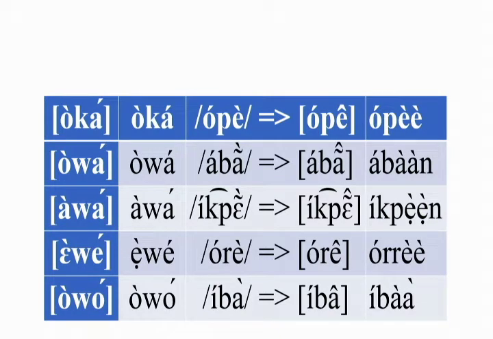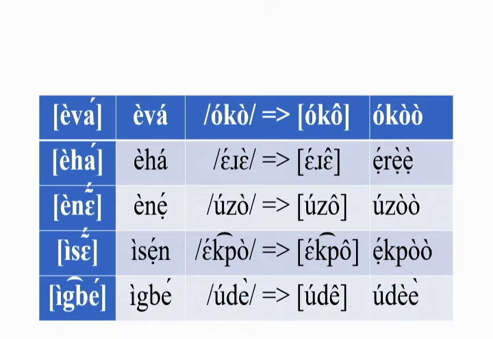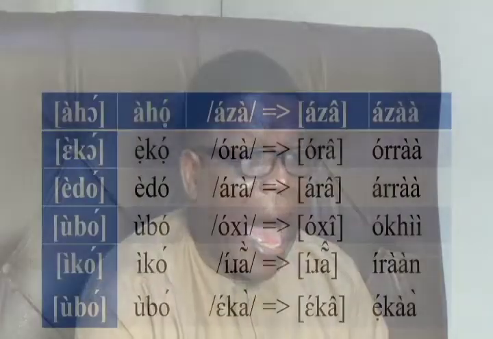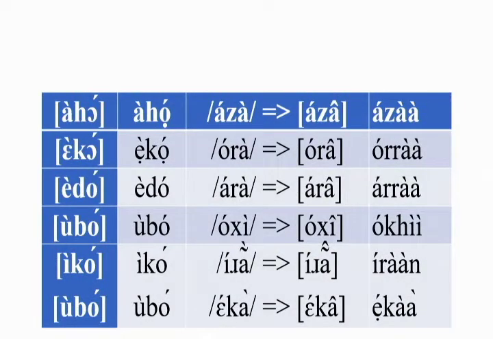Then you have oka, owa, awa, ewe, owo, eva, eha, ele, ise, igbe, oke, oko, ako, eko, ehe, eho, aho, eko, edo, ubo, iko.